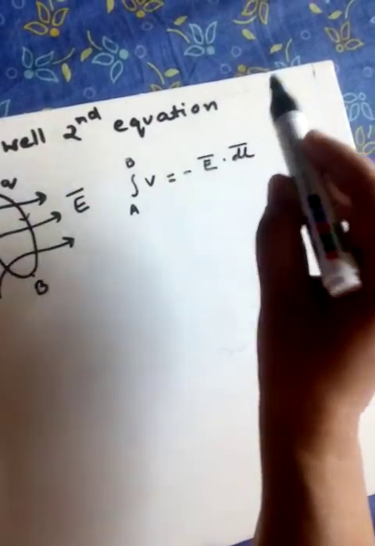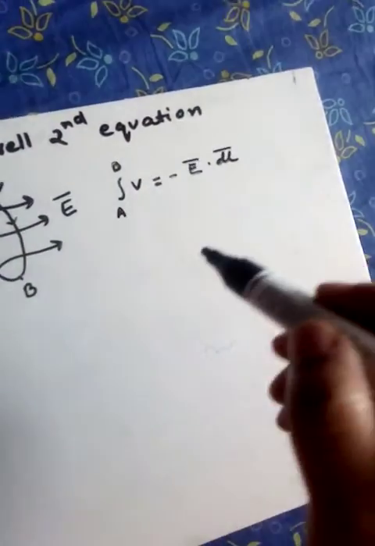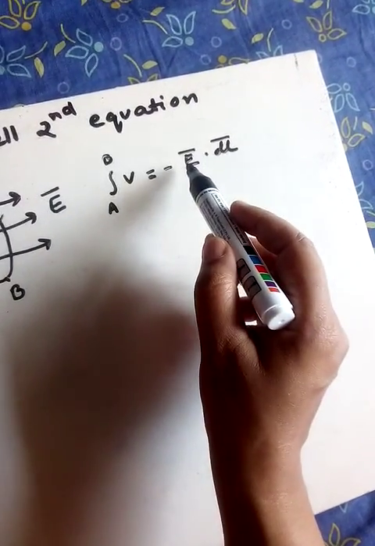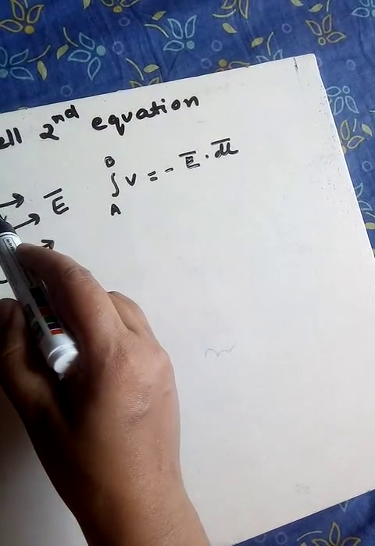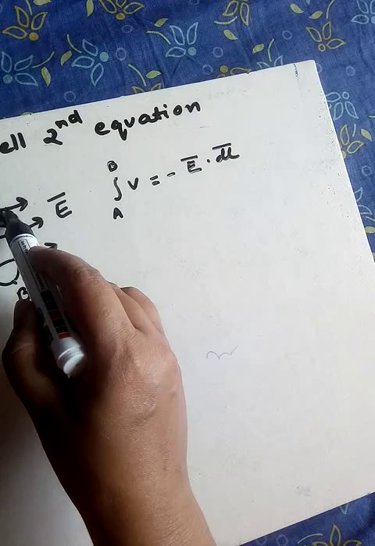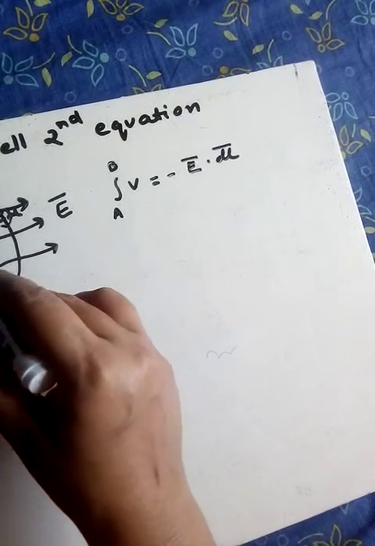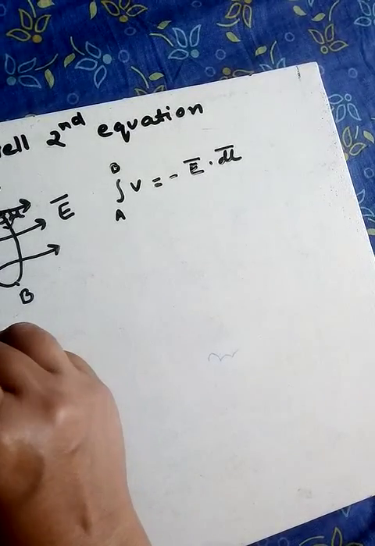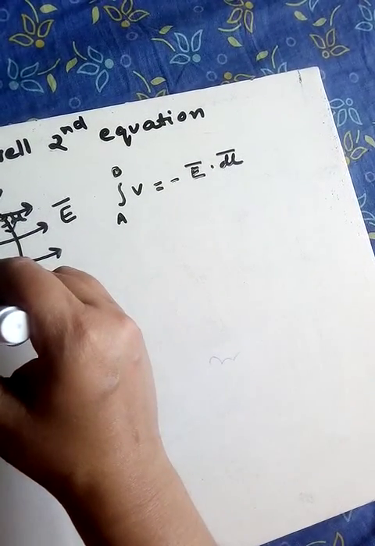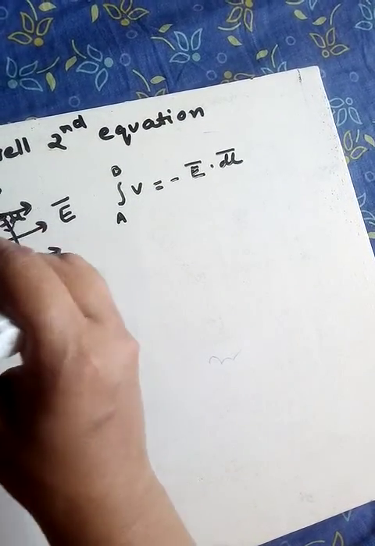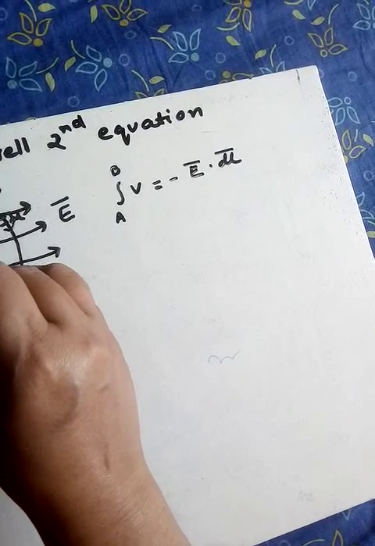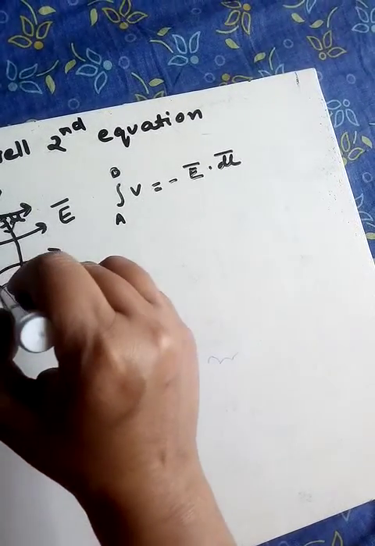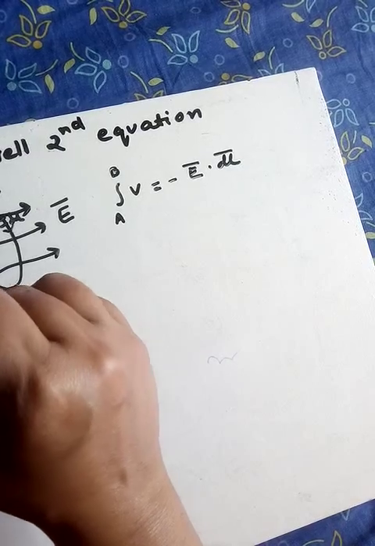E is the electric field and dl is the small length across this closed loop. Suppose this is the center and the position vector of point A is RA and the position vector of point B is RB.